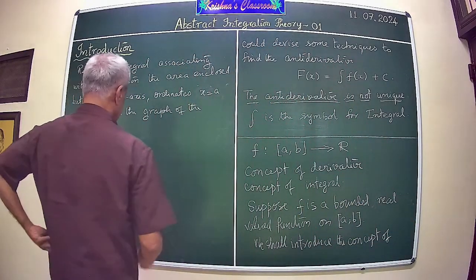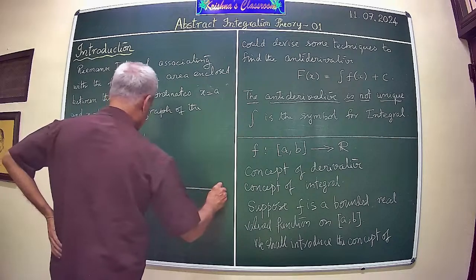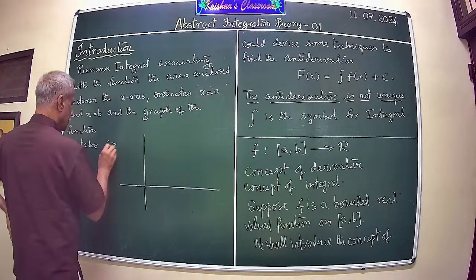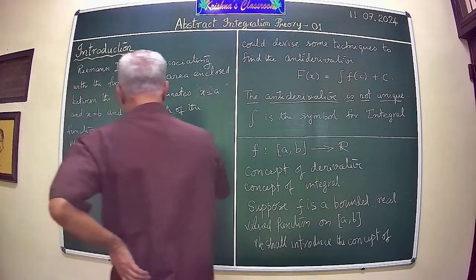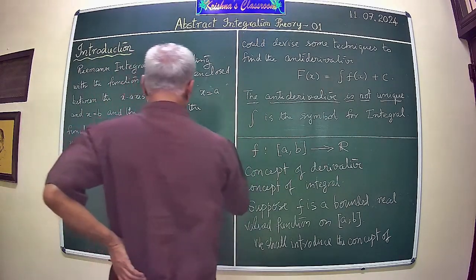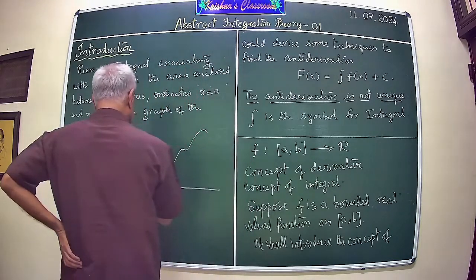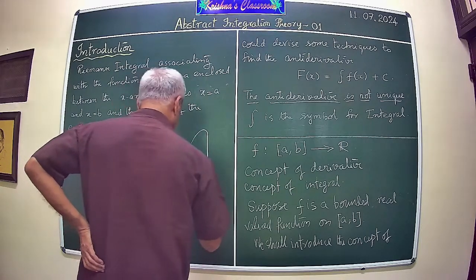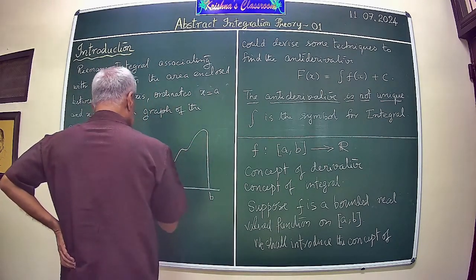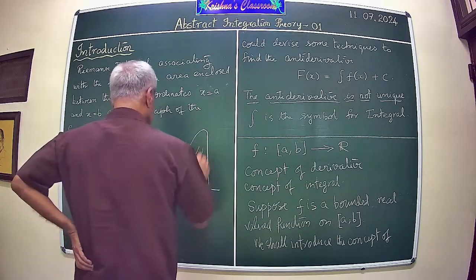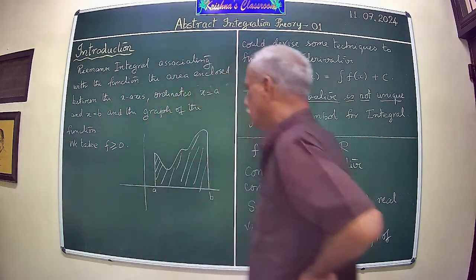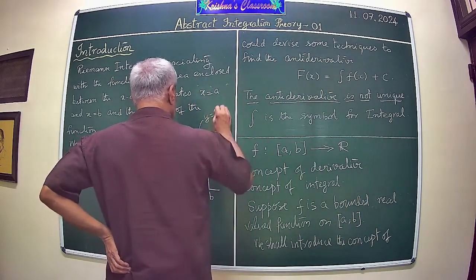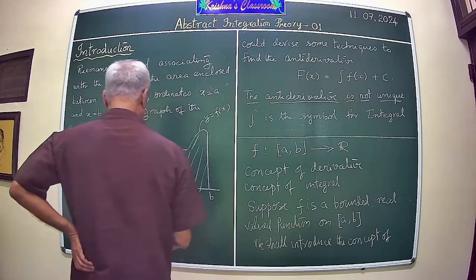So what is it? Let us draw a figure. Then the graph is something like this. Need not be continuous, but let me draw the picture as continuous. This is the interval [a, b]. Now this area measure is what was called the integral of f. So this is y equal to f of x. This is the x-axis.